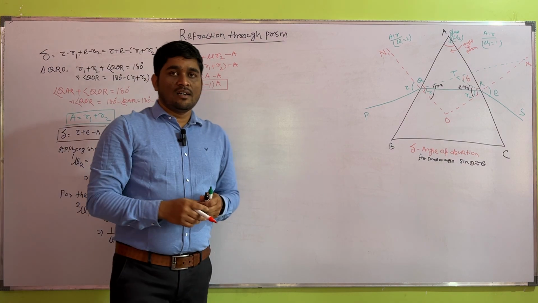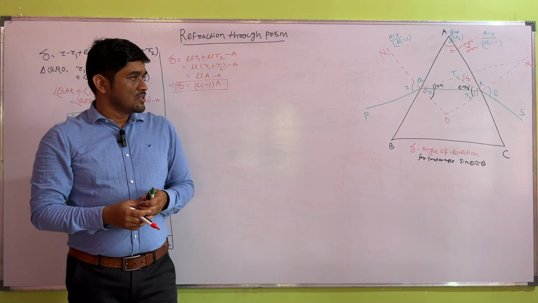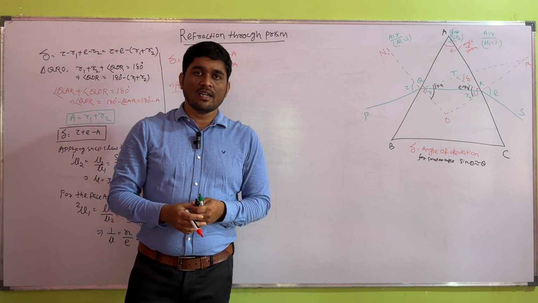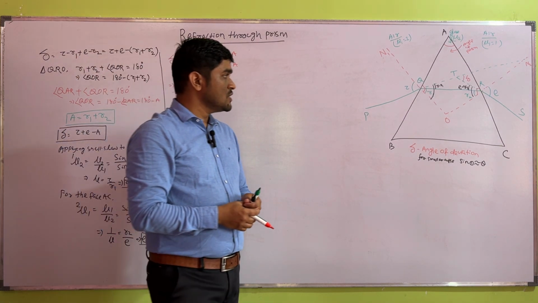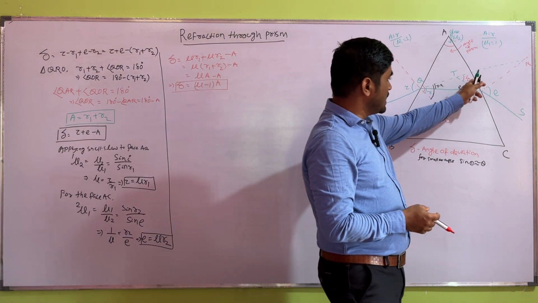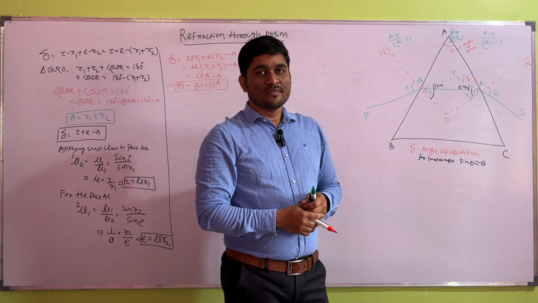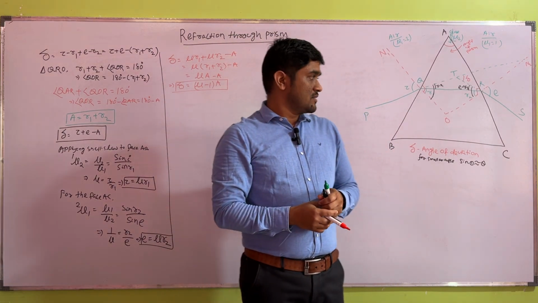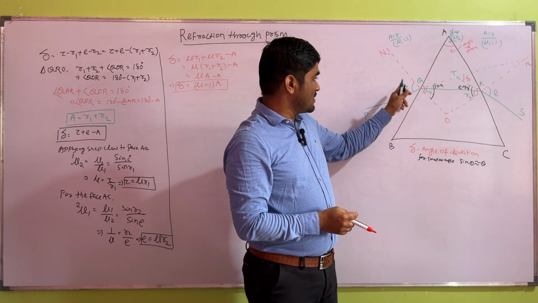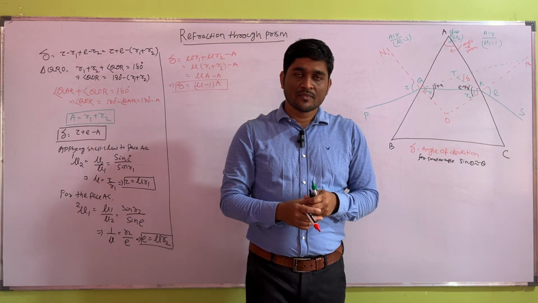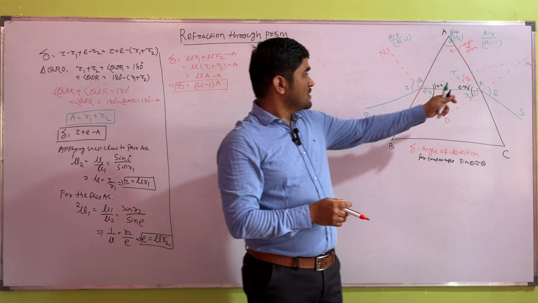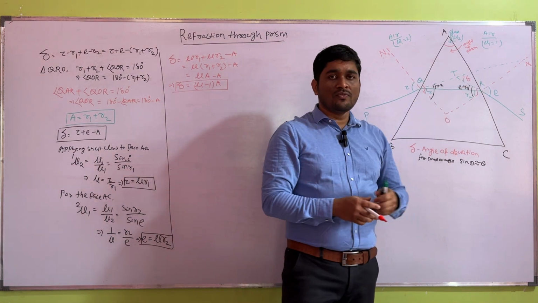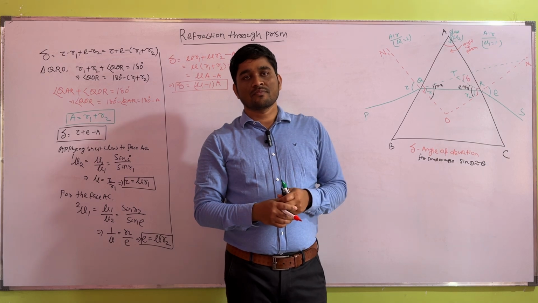Next, we have to find out angle of minimum deviation and angle of maximum deviation. Clear? So when this angle will be minimum, in practical class we will perform this. Here the angle of incidence is i. When we change the angle of incidence, you will find various values of angle of deviation.